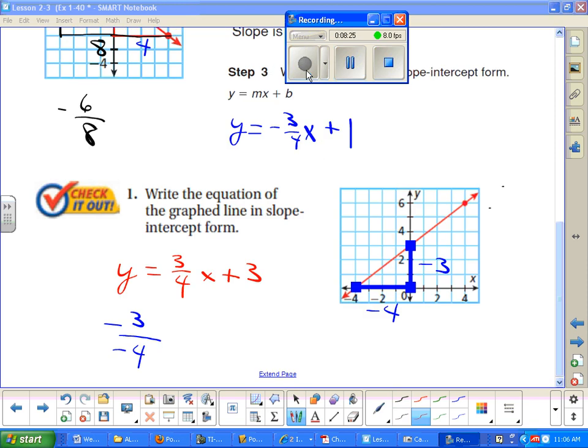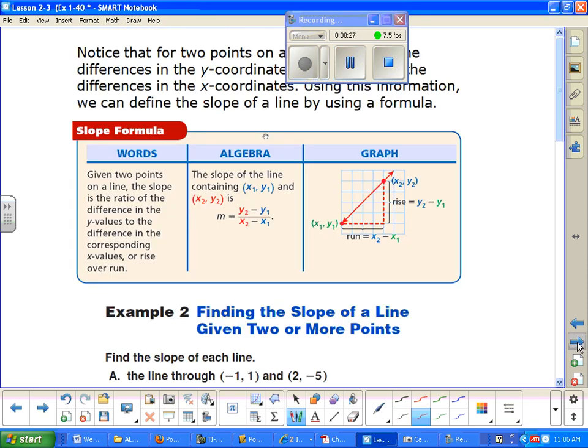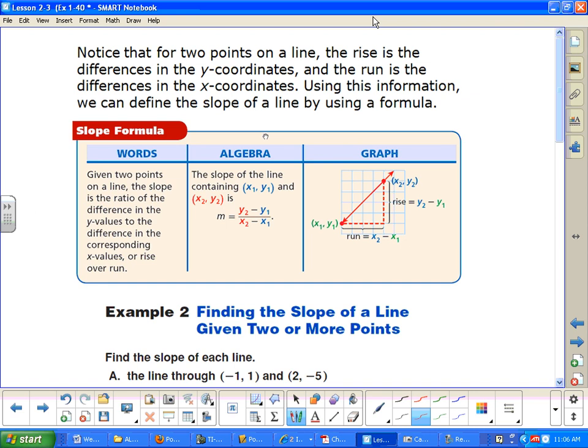Okay, so the last hard thing today would be finding the slope of a line. Finding the slope, we're finding the change in y over the change in x, rise over run.